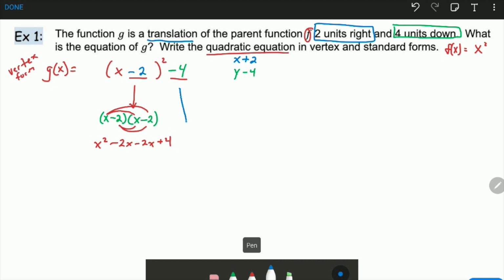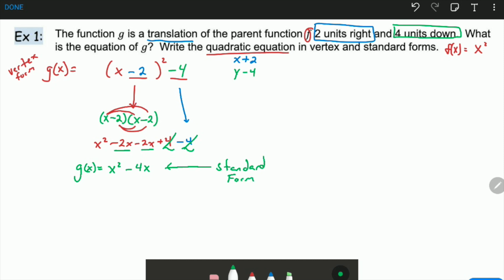Bringing down my minus 4. And then we'll combine like terms. Negative 2x and negative 2x will make negative 4x. And then positive 4 and the minus 4 cancel each other out. So this is standard form. And that's it.